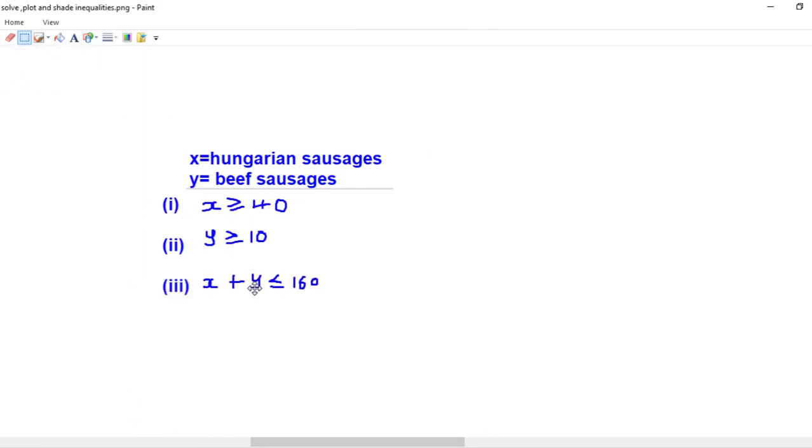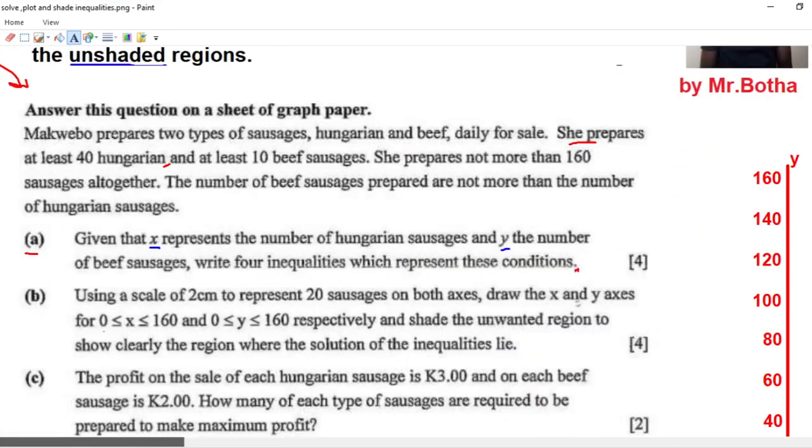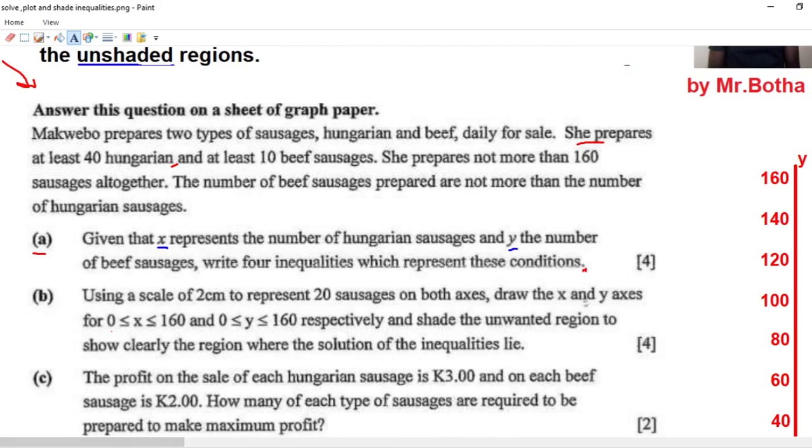Now we need to get our inequality number 4. Let's go back and see how we are going to come up with it. So look at this again. The question continues.